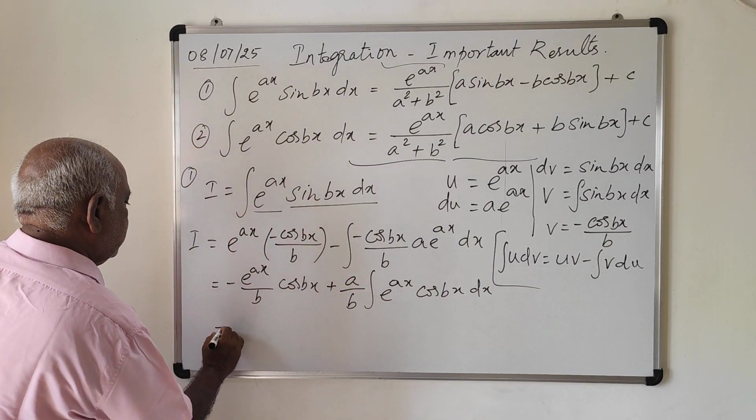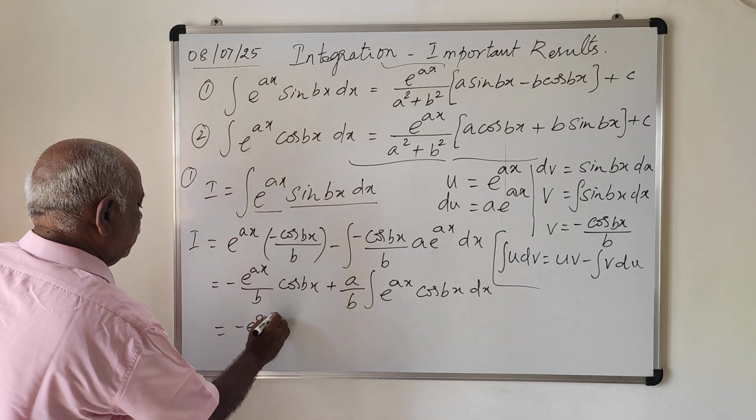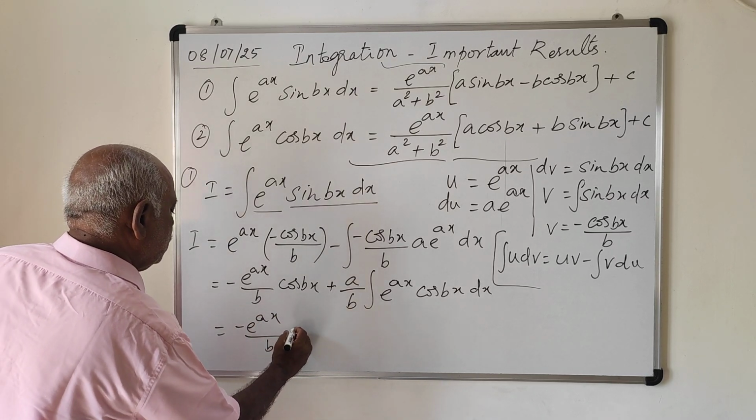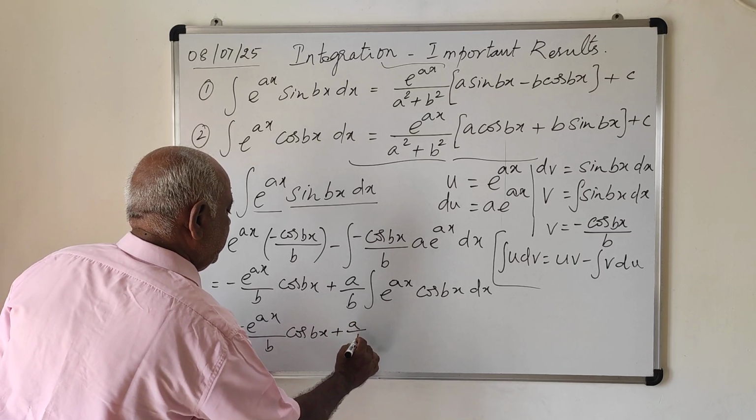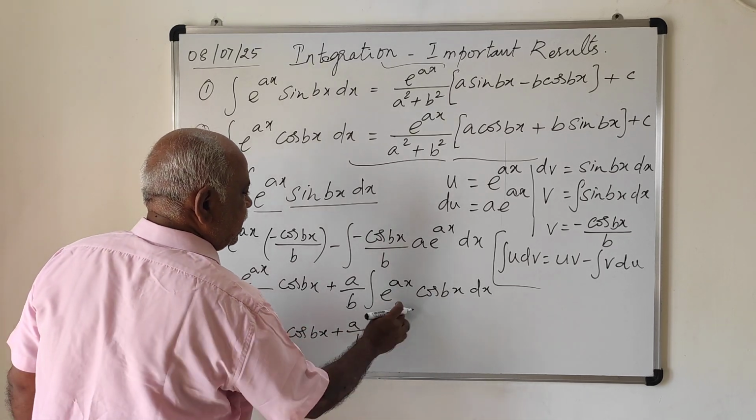So this is minus e power ax by b cos bx plus a by b into, again, the integral u dv formula.